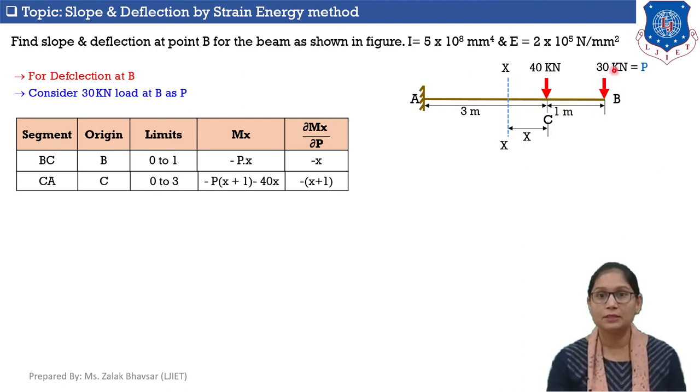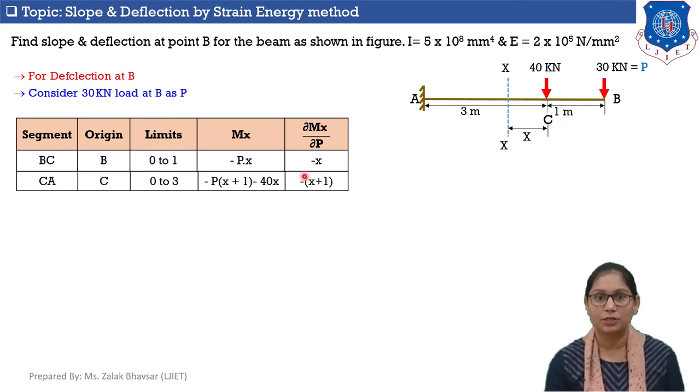Here this point load P will generate clockwise moment about this section line, which is equal to P into x plus 1. Again the moment generated is clockwise in nature, so I am taking it minus.